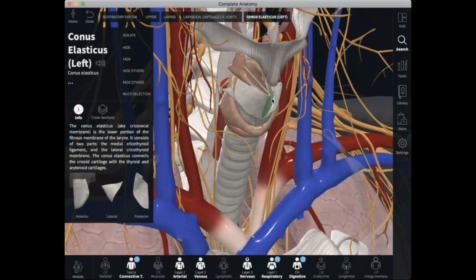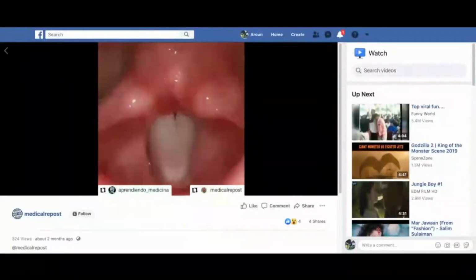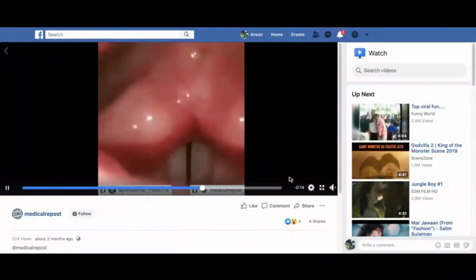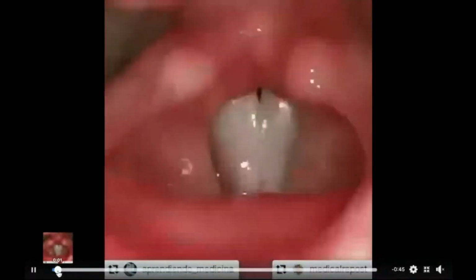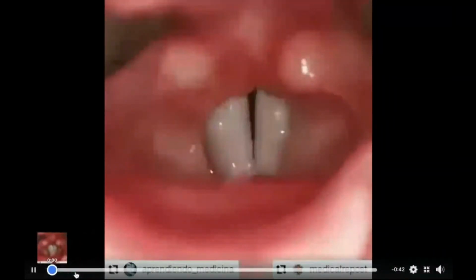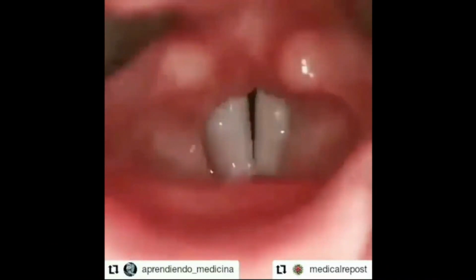I would like to show a video of how the vocal cord functions. What you see here is the vocal cord function. You can see how the vocal cord is oscillating according to the sound that is produced.